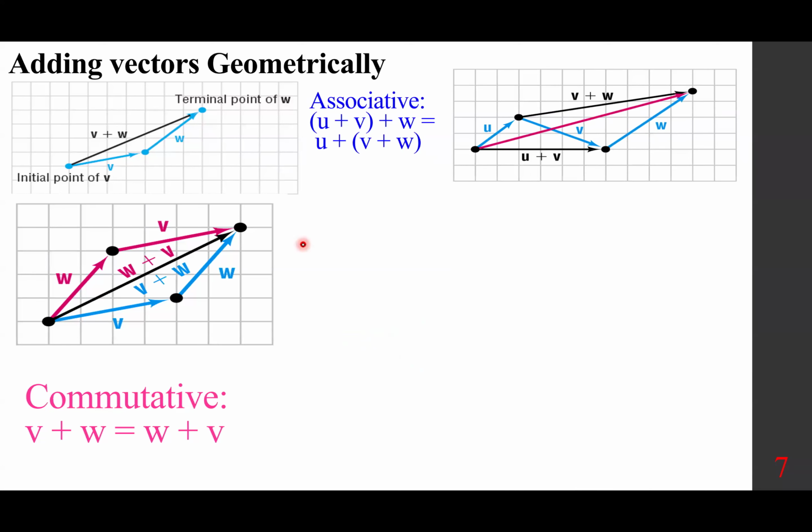Associative property. Take a look at what happens. We can say U add V becomes U plus V. And now add W, and this red one is the sum of all three.